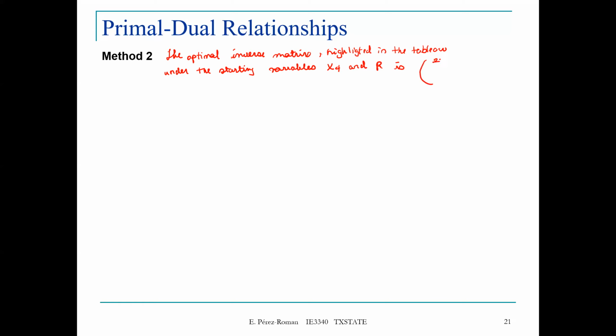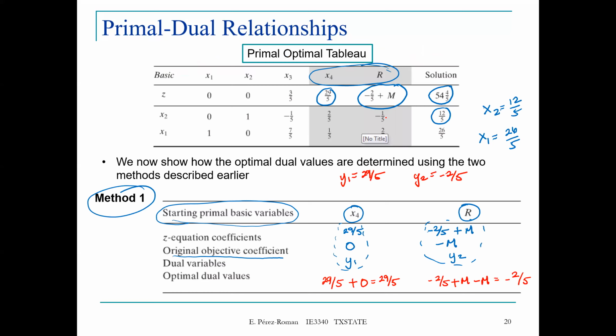This is the matrix: 2/5, 1/5, minus 1/5, and 2/5. So that's coming from here.